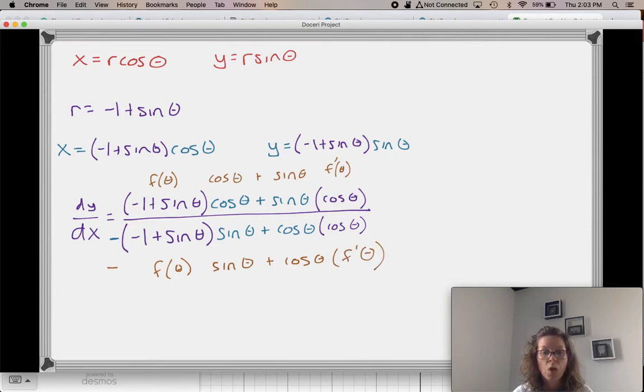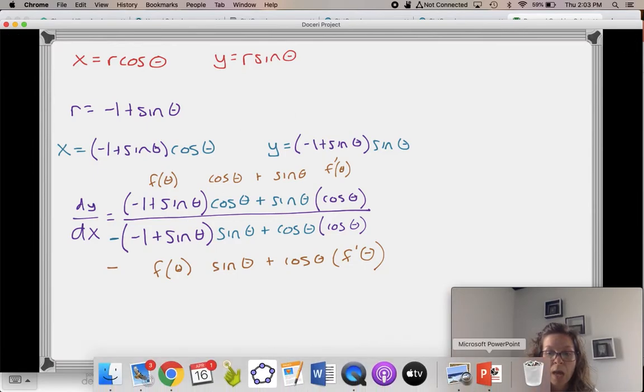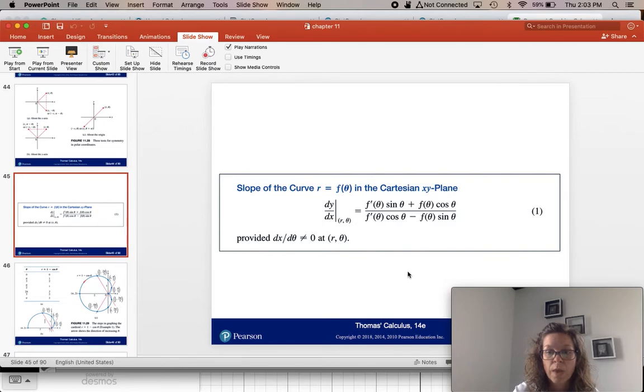Okay, so if we go back to the slides, this is where that formula comes from. The derivative times the sine. Now in mine, it was at the end instead of at the beginning, just because I do first d second, and I think they do second d first in their product rule, but it doesn't really matter. So the derivative times sine plus the function times cosine.